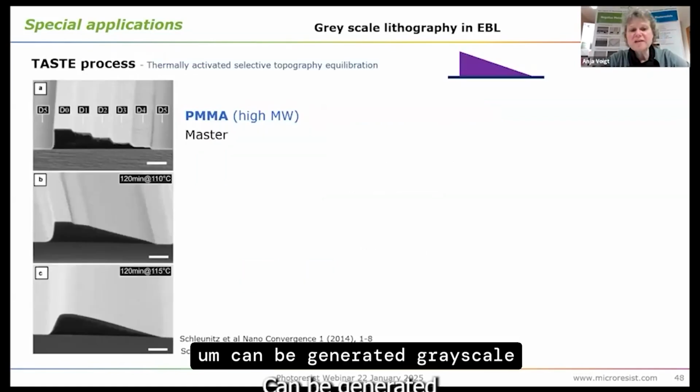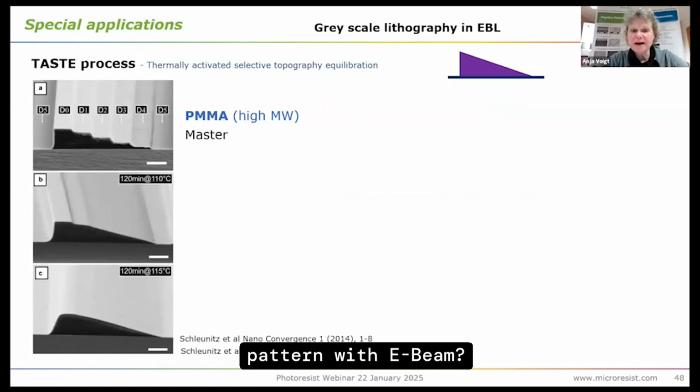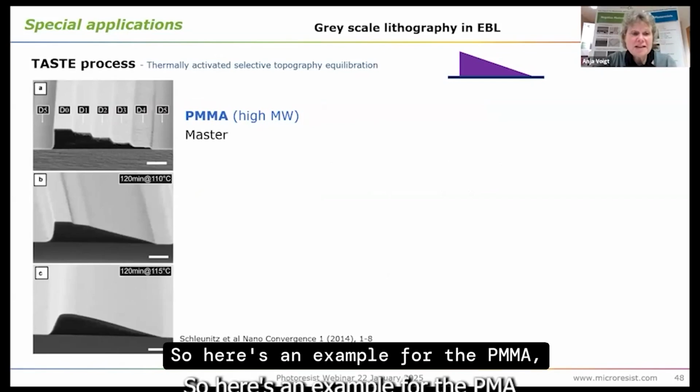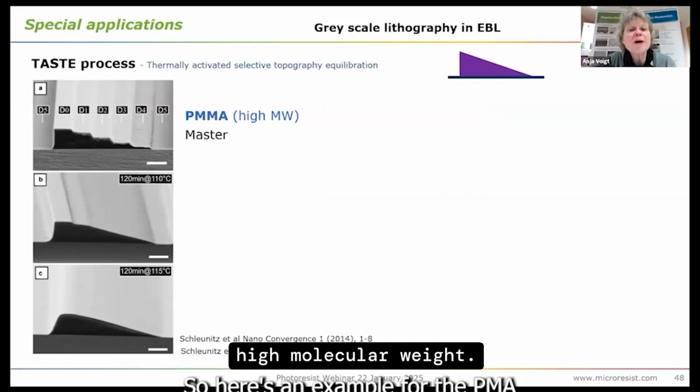Can a grayscale pattern be generated with E-beam? The answer is yes, also in positive resist. Here's an example for PMMA, high molecular weight.